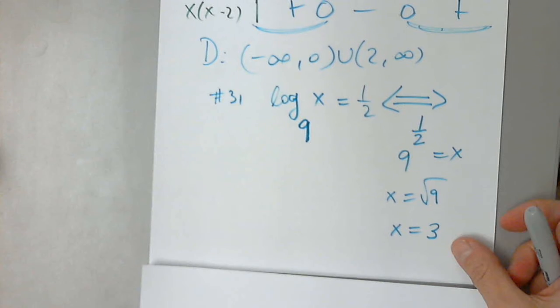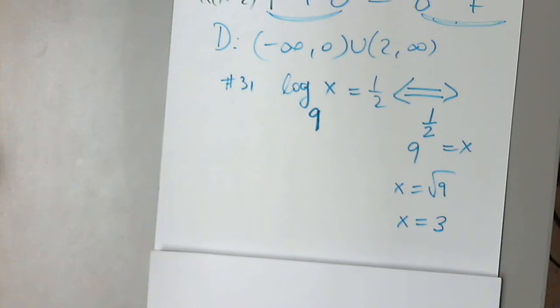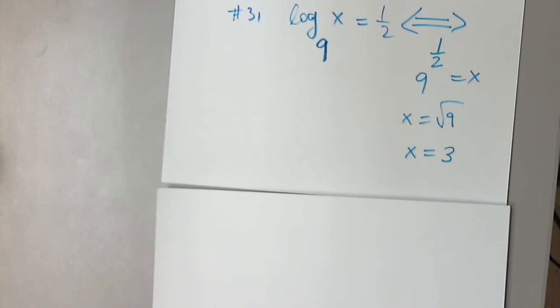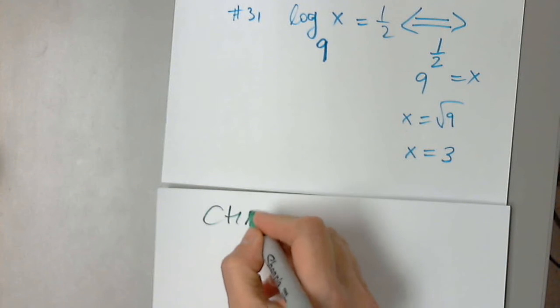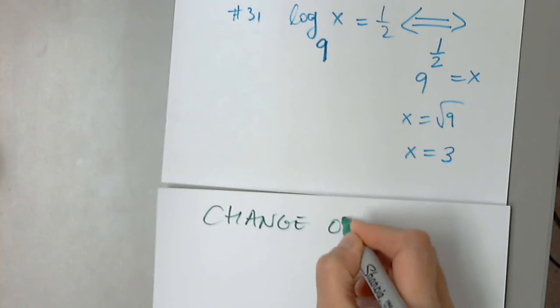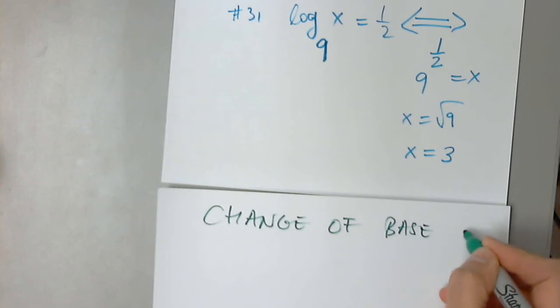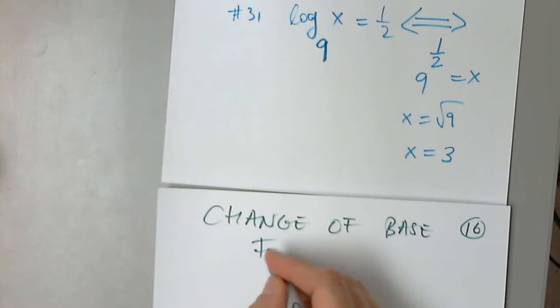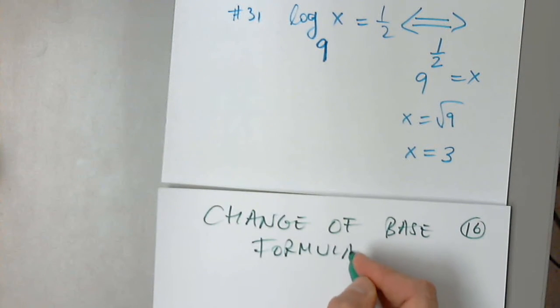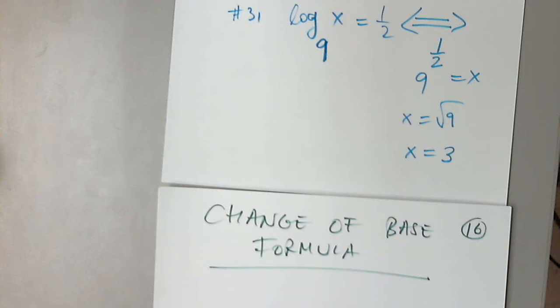Now, I want to check my answer with the graphing calculator. There is something called the change of base. You may say, this is redundant. My calculator allows me to put the base I want. True. It's possible.